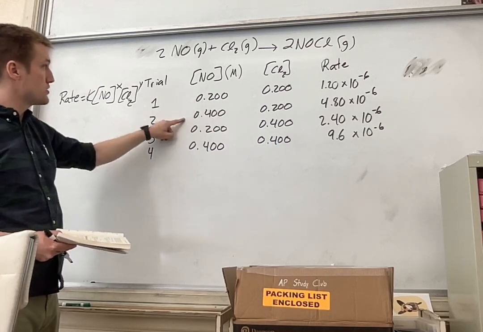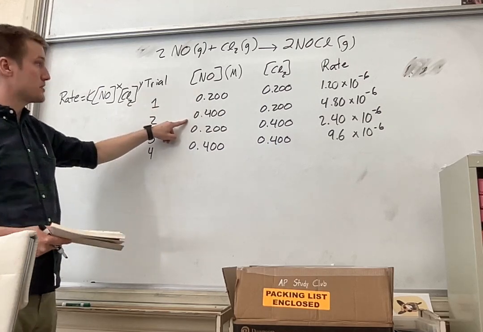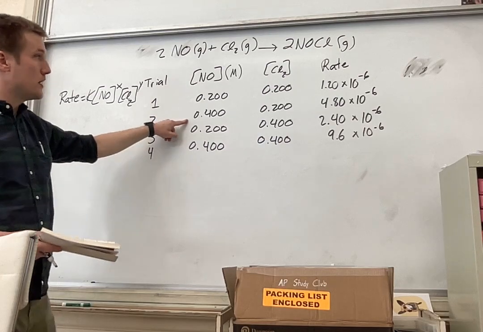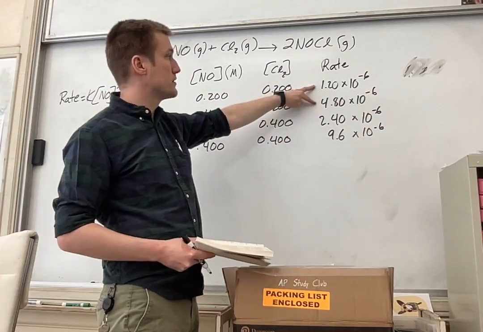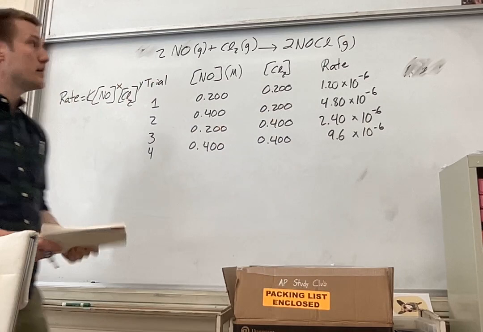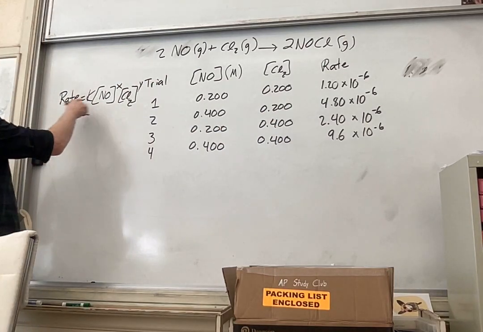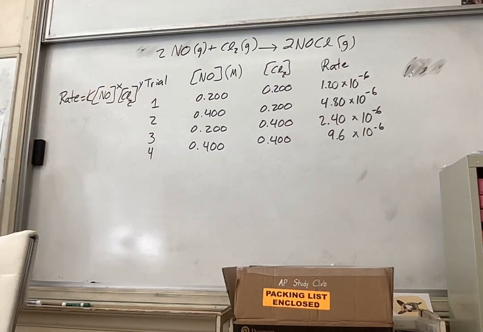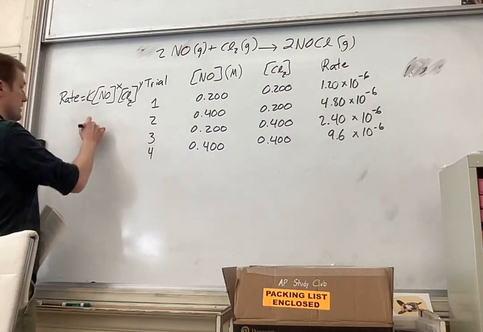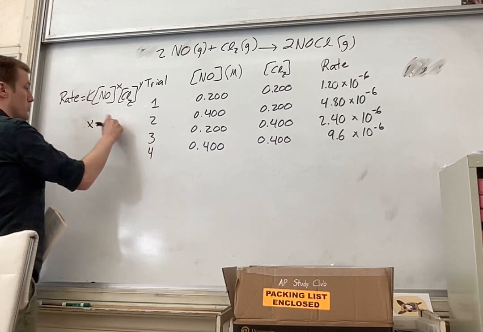So I've doubled the concentration of NO, and it quadrupled my rate, which means that for the rate to quadruple when I double this number, it has to be a square. X has to be 2. So X equals 2.